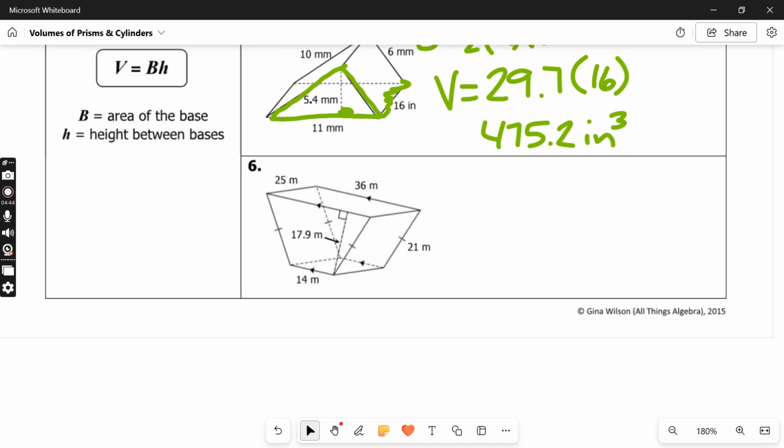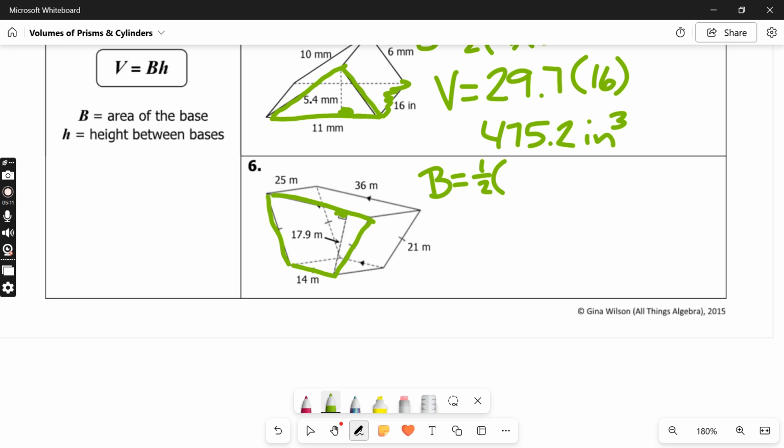All right, so number 6, we have a trapezoidal prism. So our base is this trapezoid right here. Okay, so I'm going to find the area of a trapezoid. The area of a trapezoid is 1/2 the height times the two bases added together. Again, height has to be at a 90-degree angle.